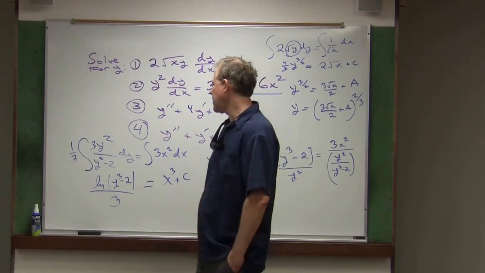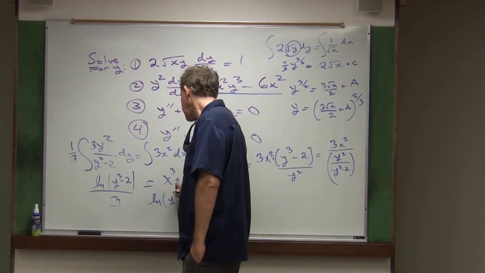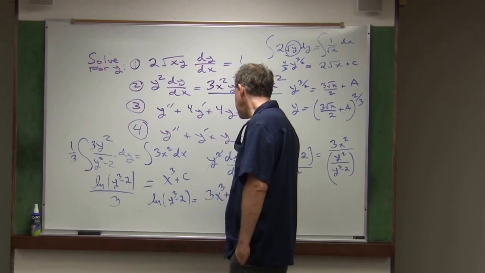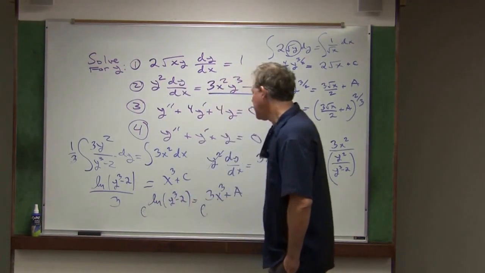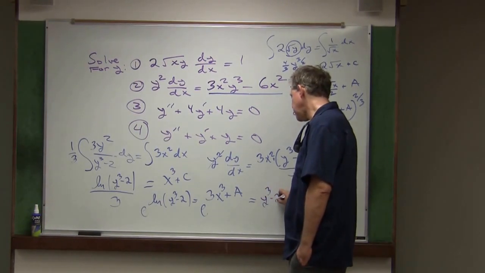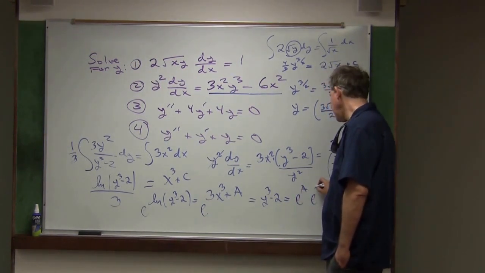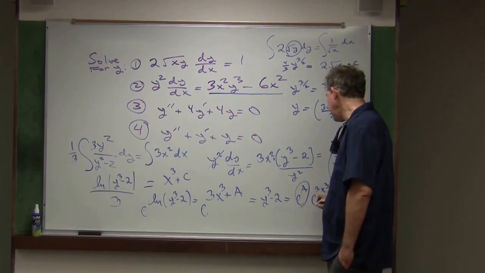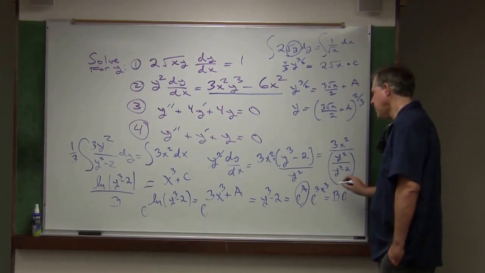And so then we'll do the trick, we'll get ln of y cubed minus 2 is 3x cubed plus a, rename the constant, and then do e to this and e to that. And so this is going to be y cubed minus 2 is going to be e to the a, e to the 3x cubed. Let's just rename this, call this b or something. Okay?